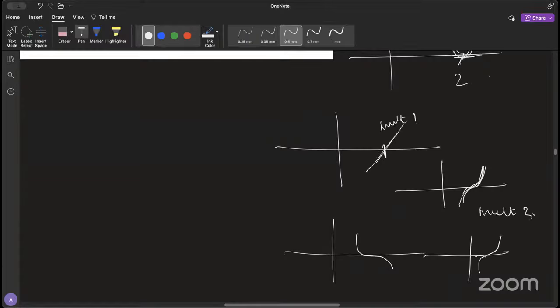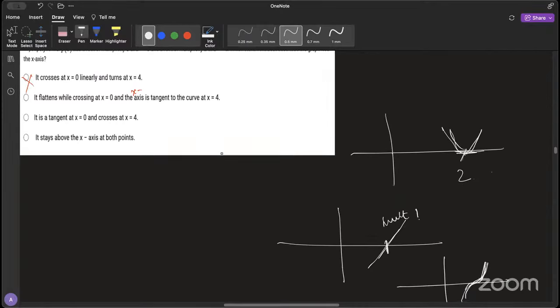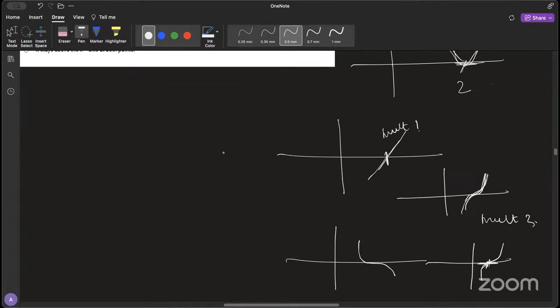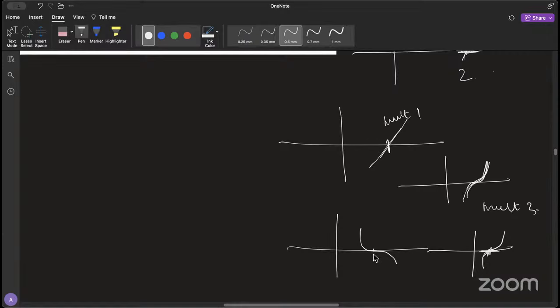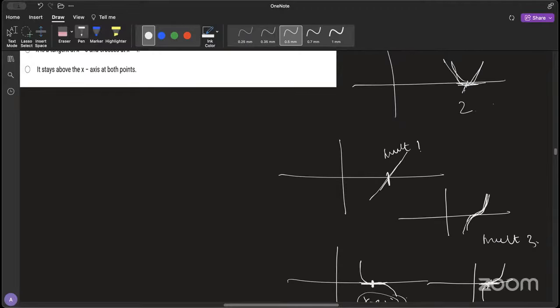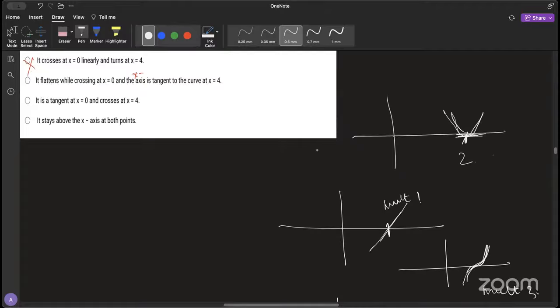If you draw a tangent at this point, it is also the x-axis.